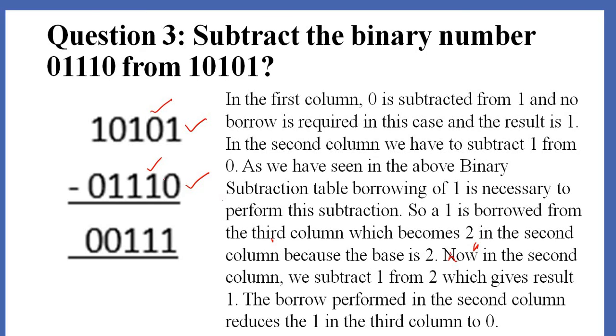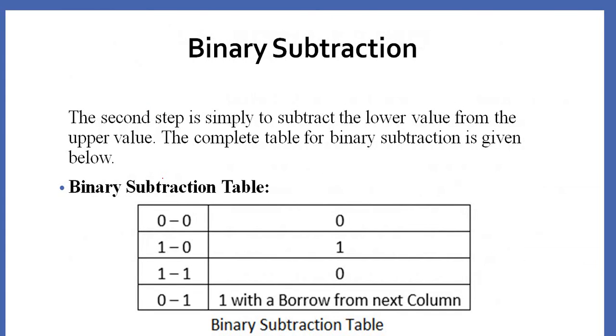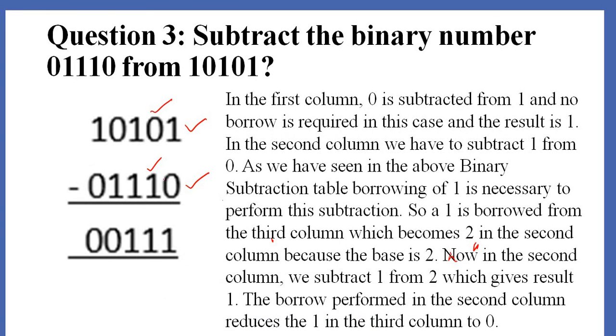That means the upper digit is less than the lower digit. Then in that case we have to take a borrow from the next left column according to the binary subtraction table. If you observe the last row, when we do 0 minus 1, then we have to take a borrow of 1 from the next left column.